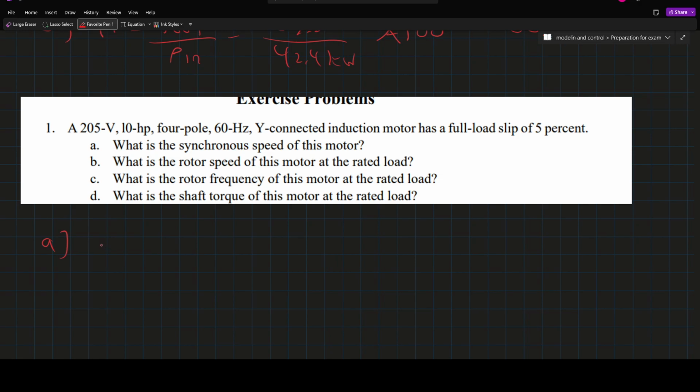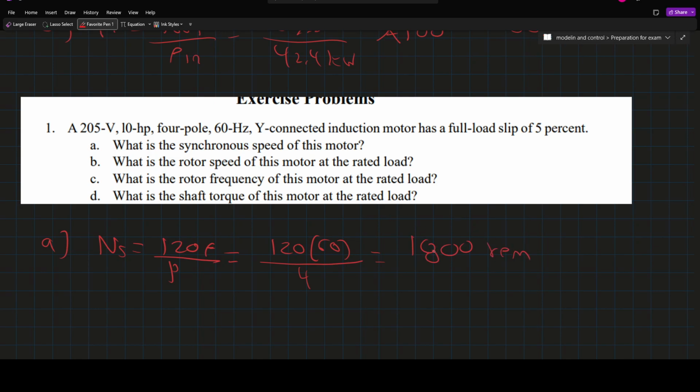So the synchronous speed in RPM is ns equals 120 times the frequency over the number of poles. So here we have 120, a frequency of 60 hertz, and it's telling us that it's a 4-pole machine, so 4. So we get 1800 RPM.